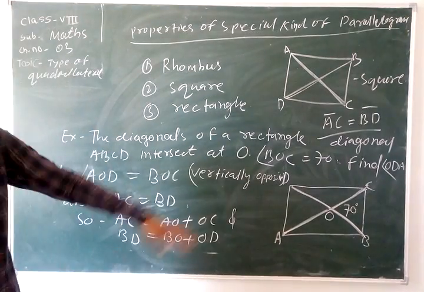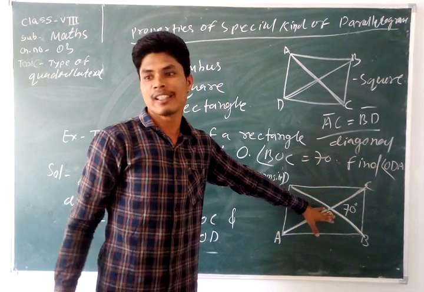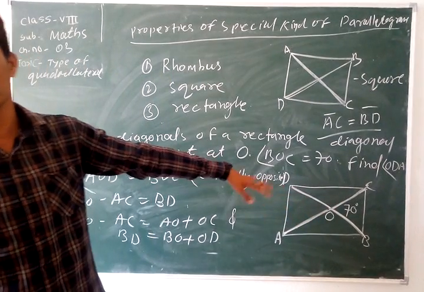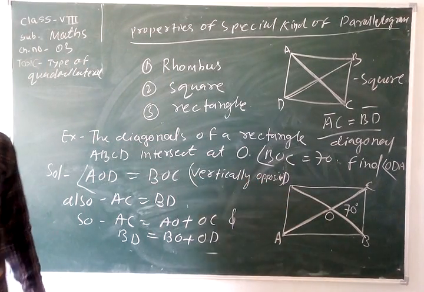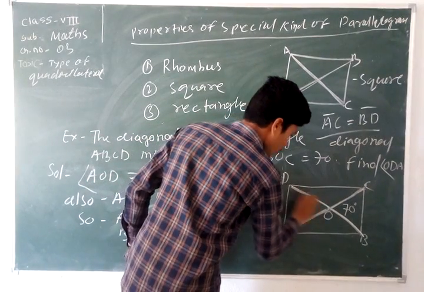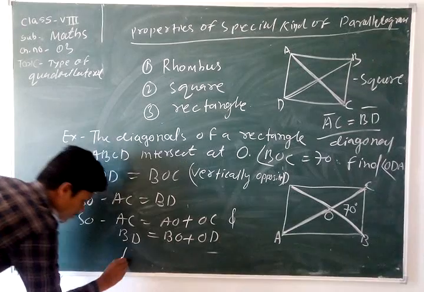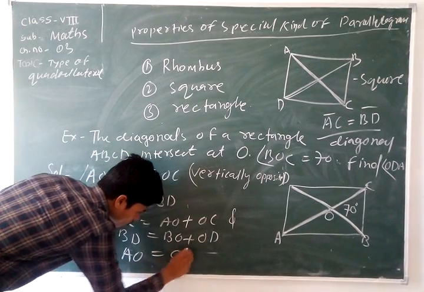Because their diagonals are equal, the sum of both parts at the intersecting inner point is equal. So AO equal to OD, because the opposite is there. So AO equal to OD.